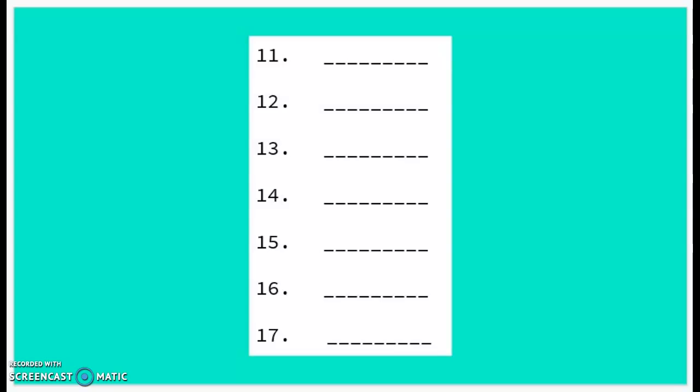It shows you I-E, and we call that I consonant E. Number 14, fine. F-I-N and sneaky E.